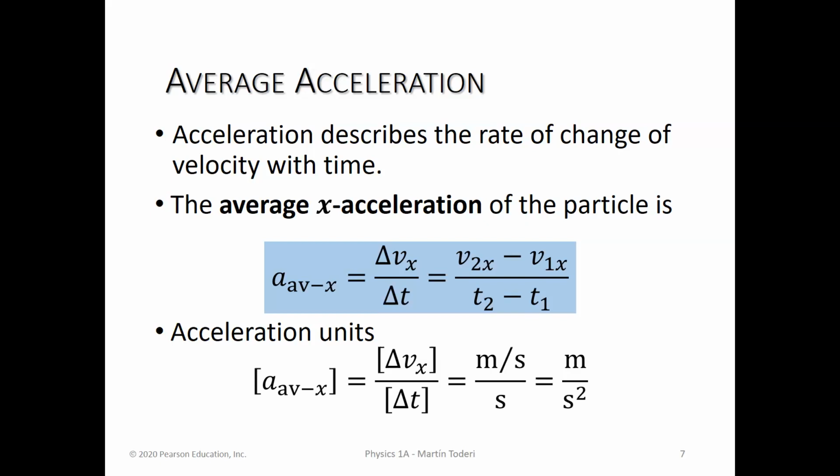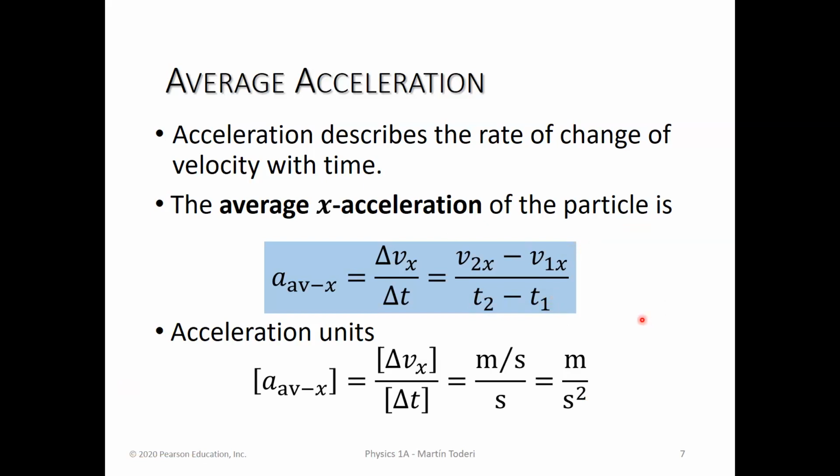We can define the average acceleration as the change in velocity over time. We're carrying an x here because we're talking about just one axis, but it's delta v over delta t, defined as the final velocity minus the initial velocity over final time minus initial time.